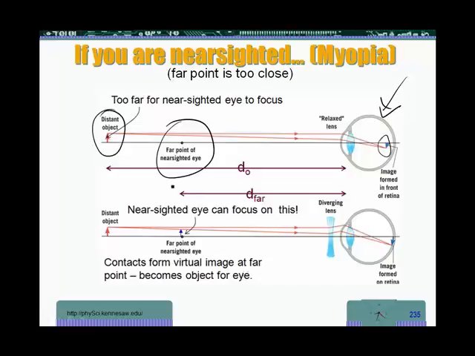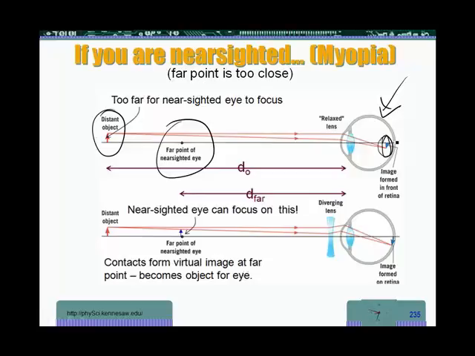If I have an object that's further away than the far point for that particular nearsighted eye, then the image of that object is going to be formed here, ahead of the retina and not on the retina. Because the image is not formed on the retina, the person is not going to be able to distinguish that object very well.